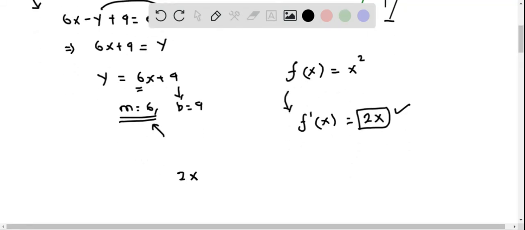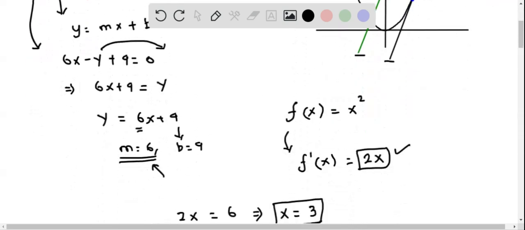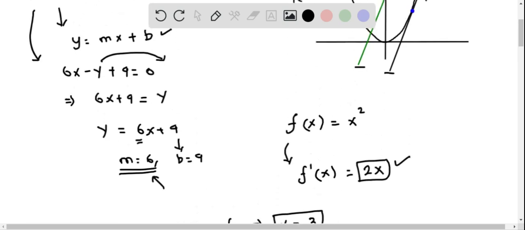So which means 2x equals 6, and this gives x equal to 3. So basically, this x equal to 3 is the point of contact of the required line and the graph of f of x equal to x squared. Let's determine its y coordinate. We can do this by plugging x equal to 3 into this f of x.